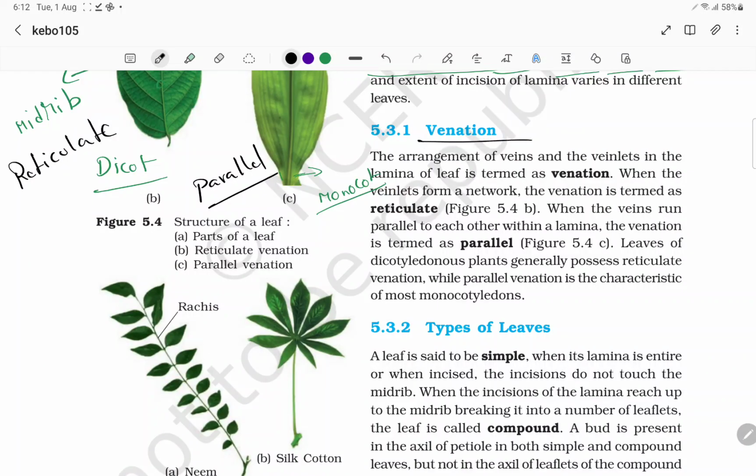The arrangement of veinlets in the lamina of the leaf is termed venation. When the veinlets form a network, the venation is termed reticulate. When the veins run parallel to each other within the lamina, the venation is termed parallel. Leaves of dicots have reticulate venation, and leaves of monocots have parallel venation, which is the characteristic of most monocots.